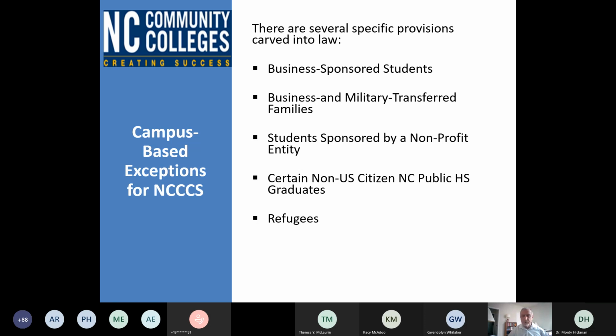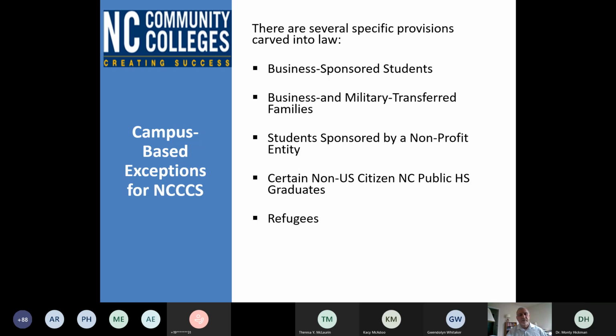So some of these you're probably familiar with, but in a quick nutshell, the business sponsored exception is when you have a North Carolina business that is sponsoring a student, sending them in, and they are paying the full amount of that student's tuition and fees directly, then an exception can be given. So campus needs to collect documentation that's the case.